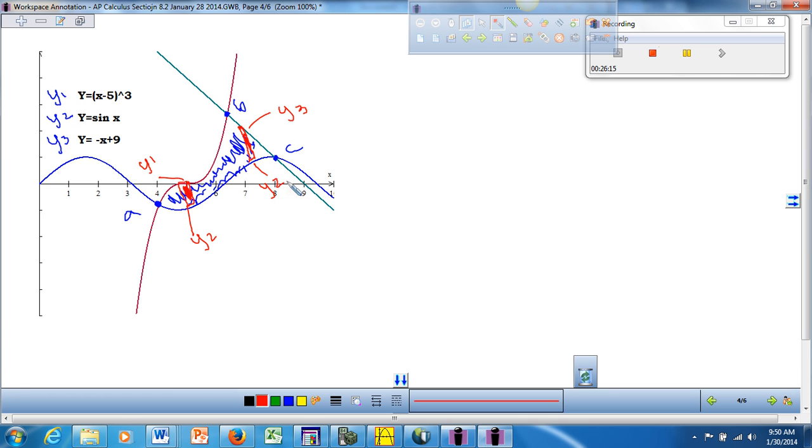Y2. So I need 2 separate integrals because there is a change in our interval as to what the top function is. So let's write out our integrals in terms of a, b, c's, and y's, and then you can go ahead and solve. So I will have the integral from where to where? A to b. Of what minus what? Y1 minus Y2 dx.